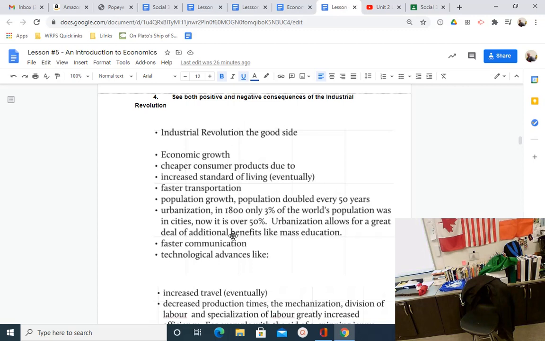On the good side, we see economic growth in an unprecedented way. So if you want to defend capitalism, find some numbers and say this is how much China has grown since they embraced the capitalized global market. Or find some numbers and say this is how much the world economy has grown since the Industrial Revolution. Cheaper consumer products, faster transportation, more urbanization, and population will stabilize.